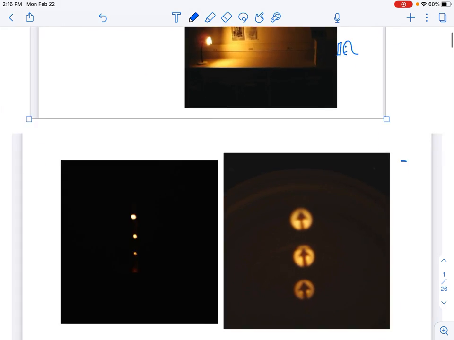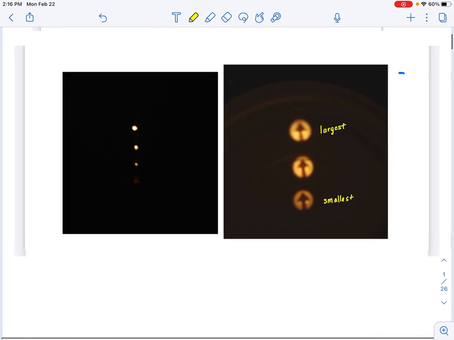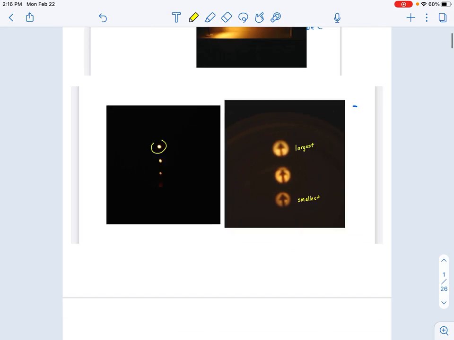And if I go back, that's what's happening here. You can see as I go up. So this is from the smallest pinhole, and this is the largest. The image produced from the largest pinhole, you can see it's more out of focus and blurrier as we increase the size of the pinhole.